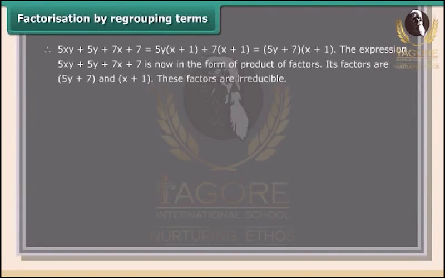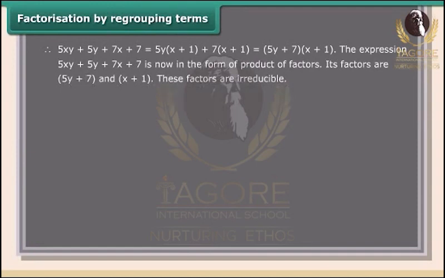The expression 5xy plus 5y plus 7x plus 7 is now in the form of a product of factors. Its factors are 5y plus 7 and x plus 1.